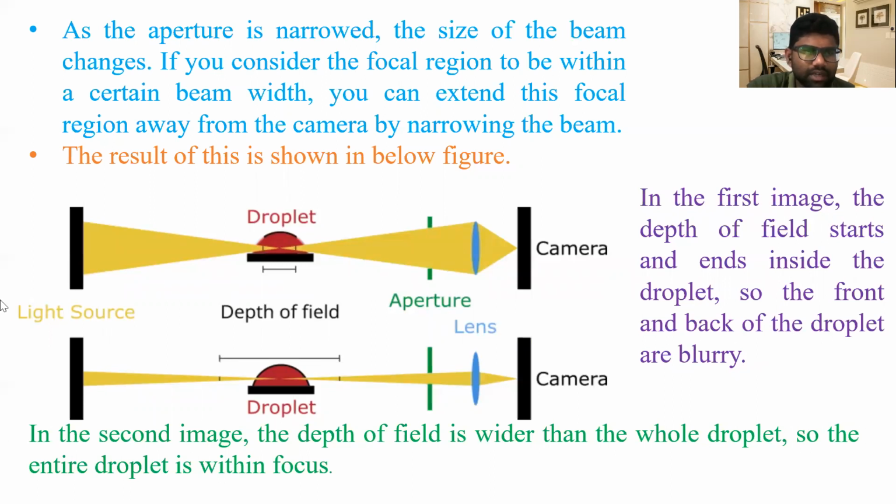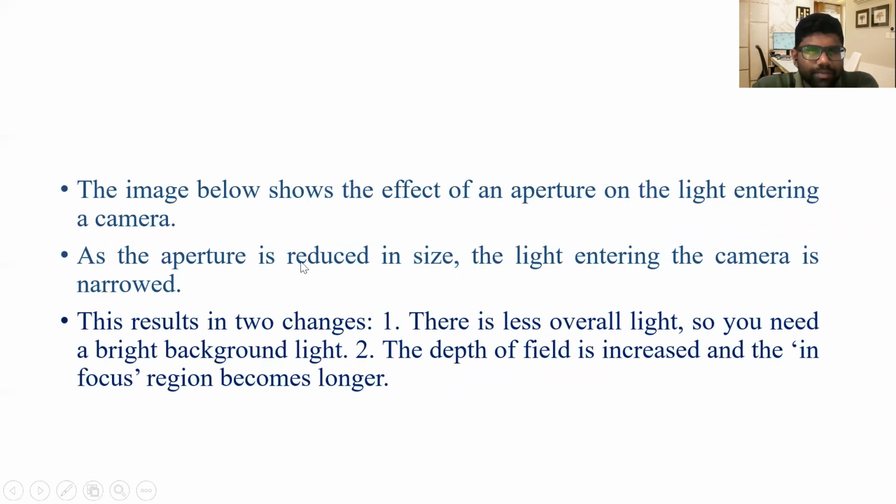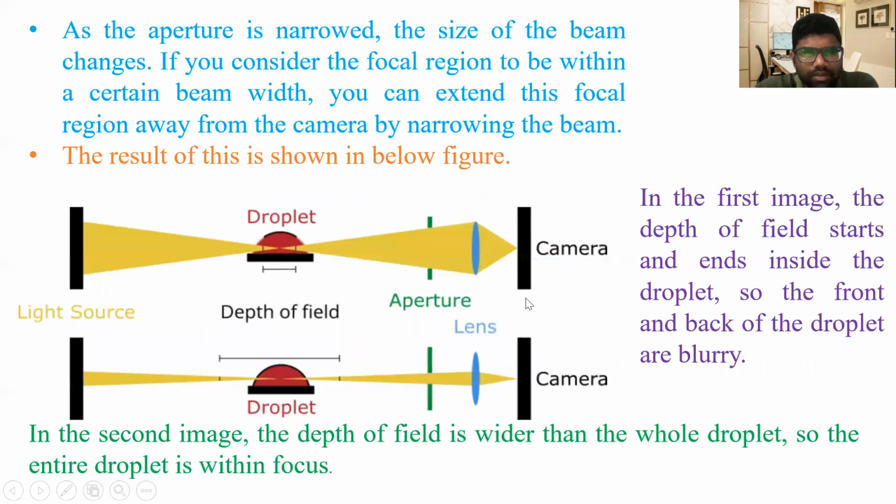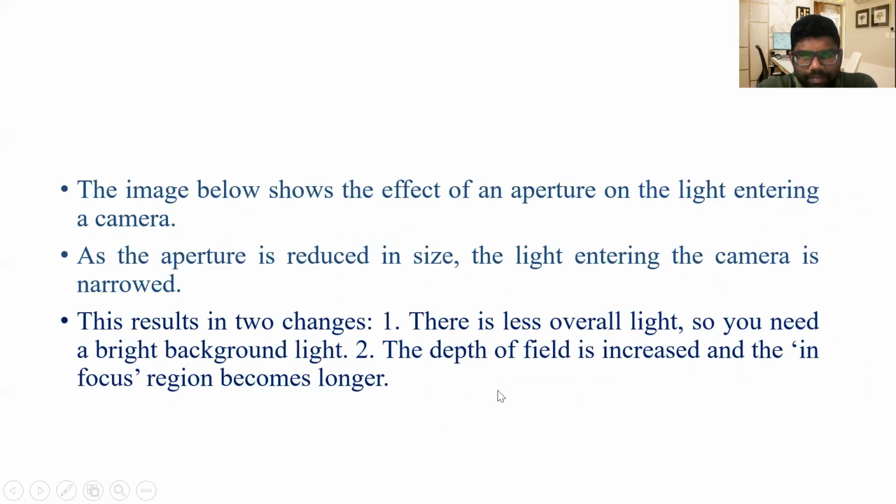From these two cases, you can see the depth of field in the above one is narrow and it is wider here. In the second case, the light entering the camera is very narrow.